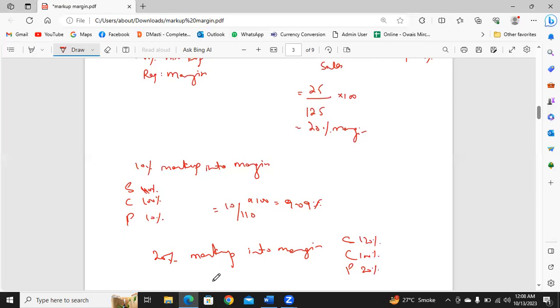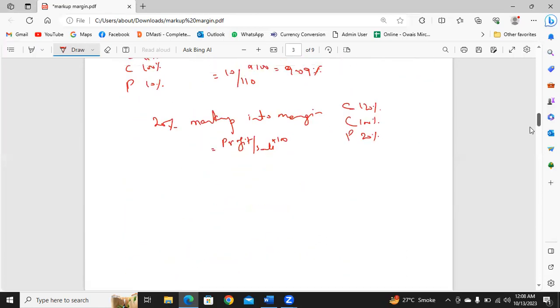So we take profit over sales into 100: 20 by 120 into 100, so it will be 16.66%.